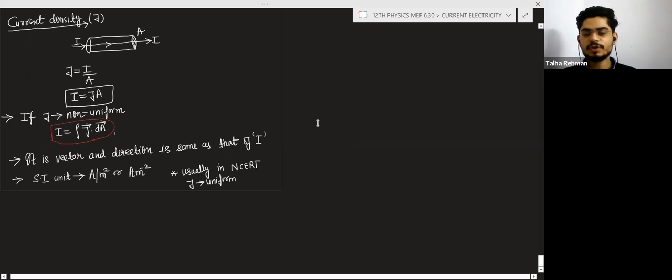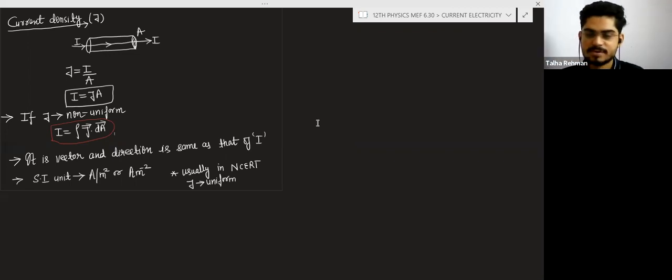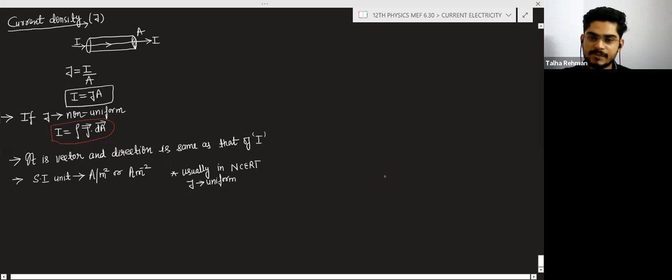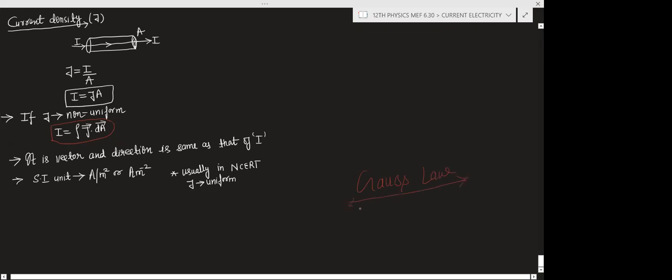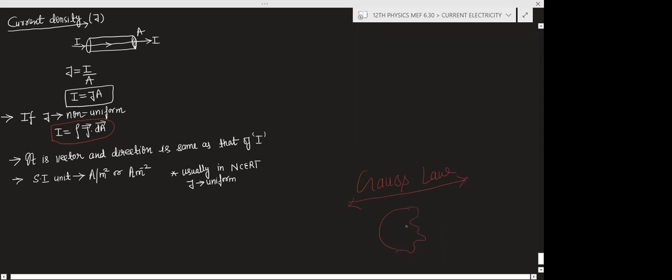How many of you know about the Gauss law? What is Gauss law in electrostatics? It's like the electric flux through an enclosed surface is equal to the total charge divided by epsilon zero.